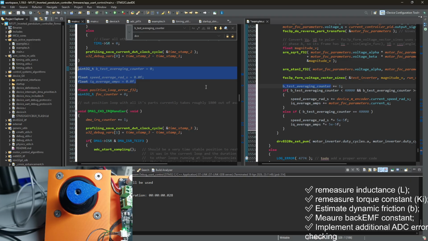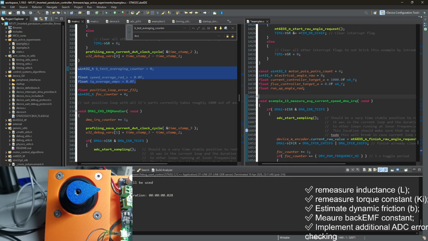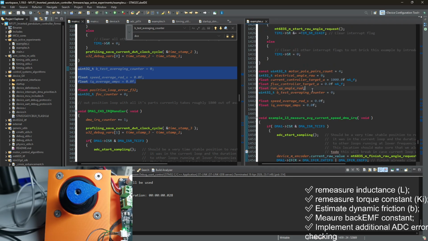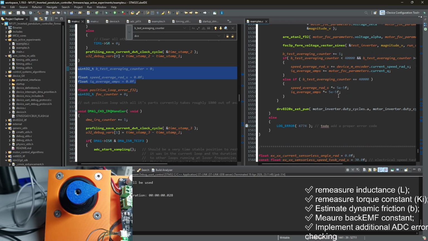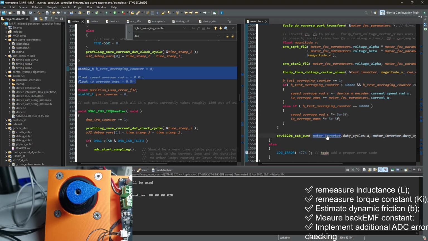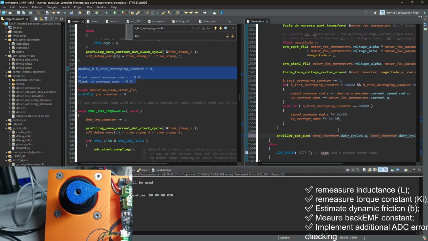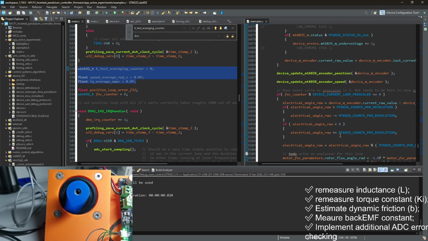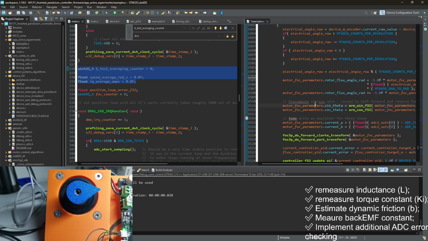Let's copy them. Quite a few unsorted guys. Here, here, and here. Should be everything we need.